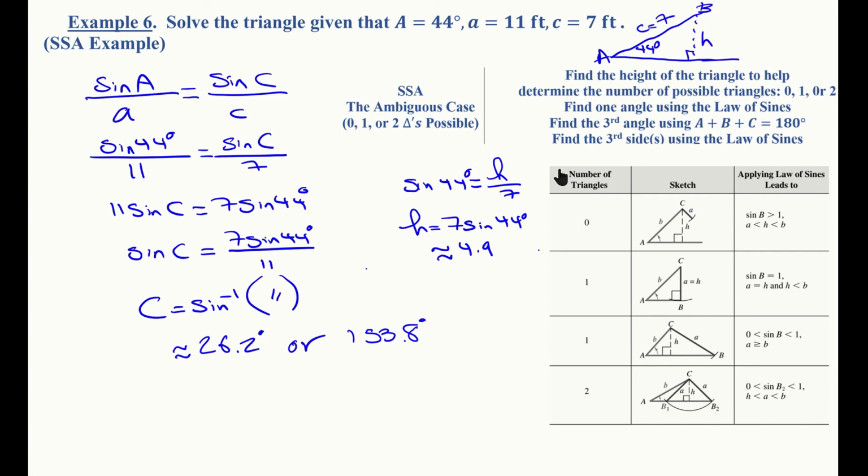You see that? So just to recap, notice C is 7 feet and A is 11 feet. So if we remember, we mentioned earlier that in any triangle, the side opposite the largest angle is the largest side, and the smallest angle, the smallest side, etc. So being that 11 is more than 7, there's no way the angle opposite 11 is going to be smaller than the angle opposite 7.